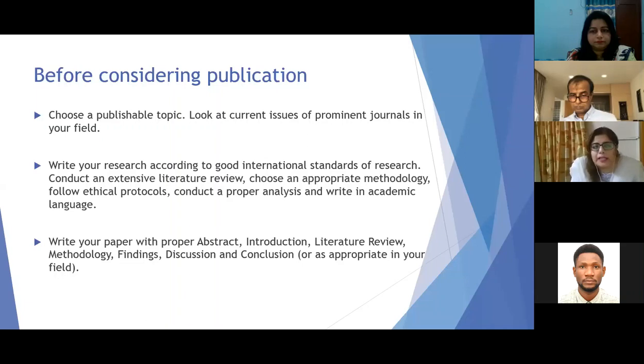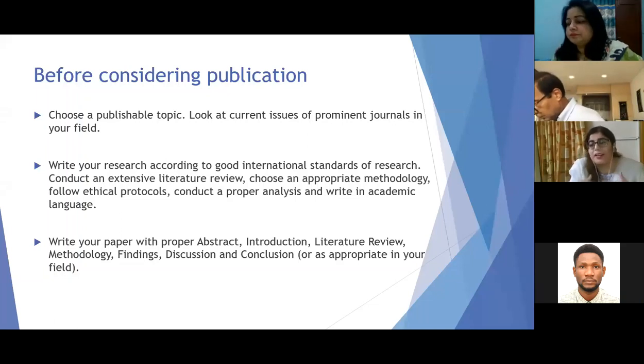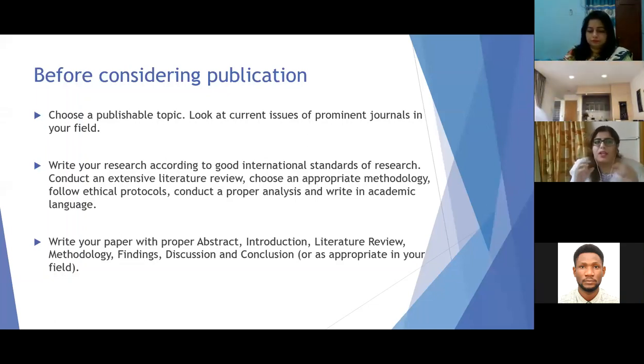The second thing that I would advise you to do is write your research according to good international standards of research. Once you have gone through the titles, you know what is being published, what is a publishable topic. Now you could start reading the articles and see what type of literature review has been done, what kind of methodologies are being used, how extensive the literature review is, what needs to be written while writing a methodology, and what ethical protocols are being followed.